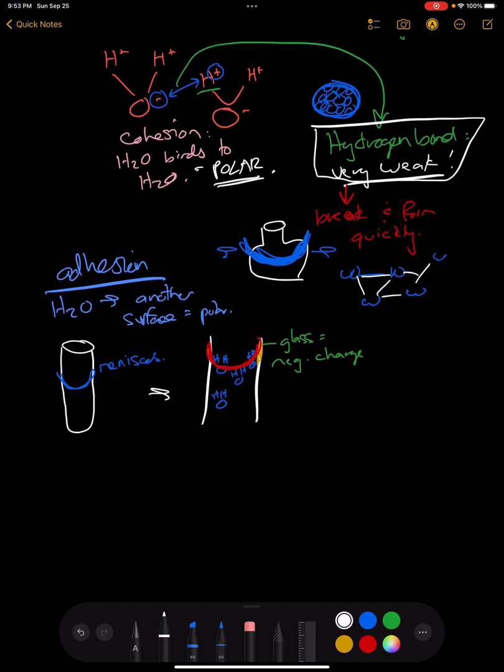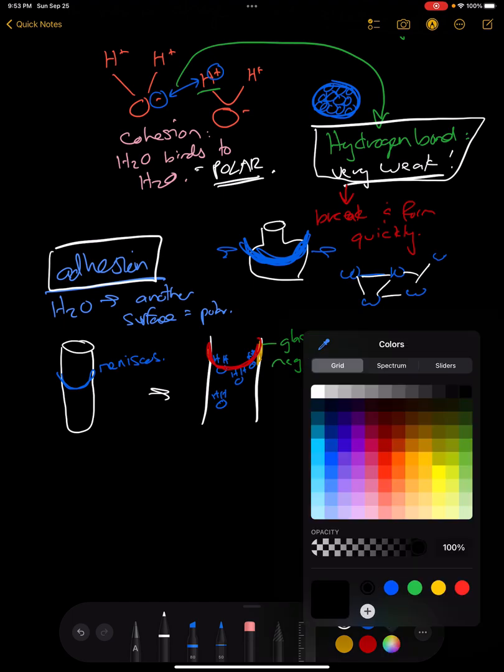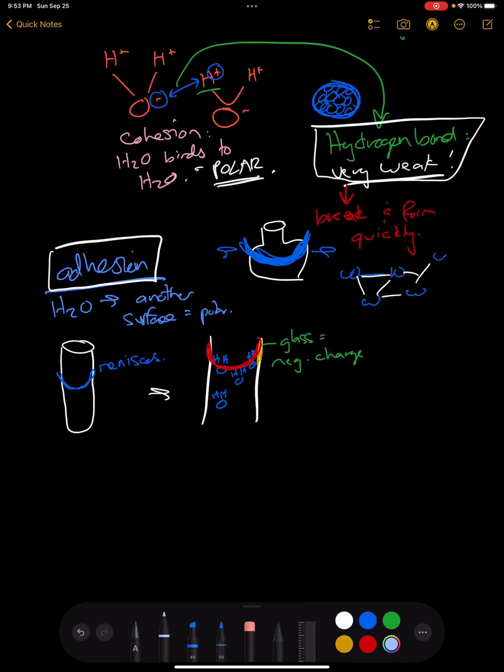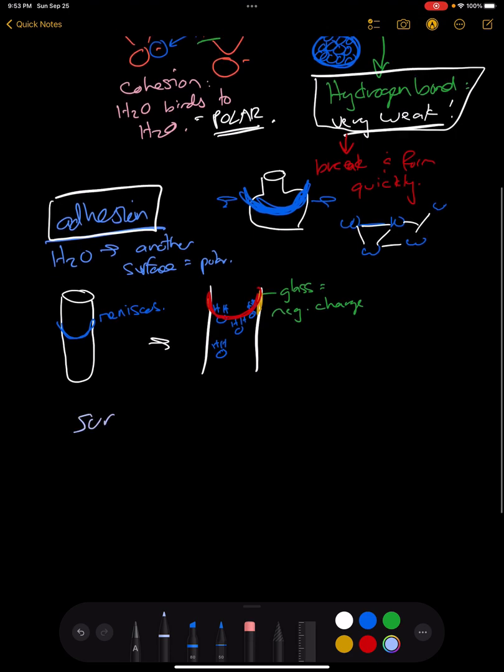Another water property that deals with the hydrogen bonding and the polarity, this is called surface tension. Say surface tension. Surface tension. This is what allows water bugs to stick on top and stuff.